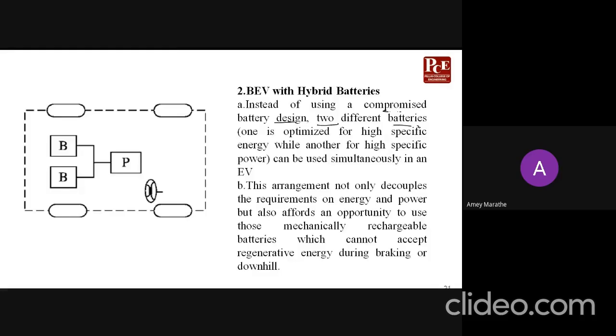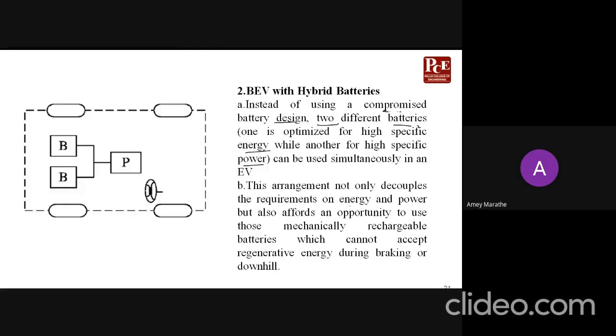One is optimized for energy and another is optimized for power, and they can be used simultaneously in the EV. This arrangement not only decouples the requirement on energy and power, but also affords an opportunity to use the mechanical rechargeable batteries which cannot accept regenerating energy during braking and downhill. So rather than the compromise we had in the last configuration, we can have a hybrid battery.